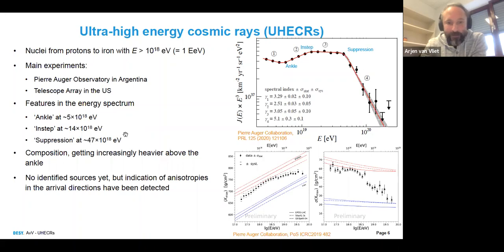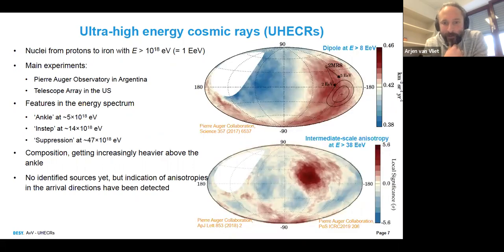So one of the big questions in this field is, of course, what are the sources of these ultra-high-energy cosmic rays? Unfortunately, we do not know that yet, but what is very encouraging is that we're starting to detect significant anisotropies in the arrival directions of ultra-high-energy cosmic rays.